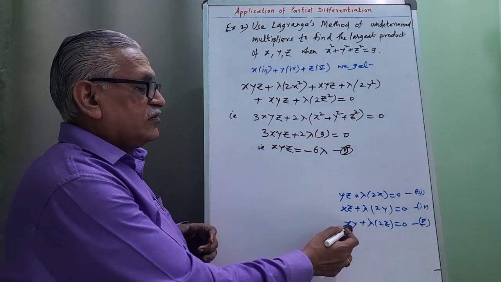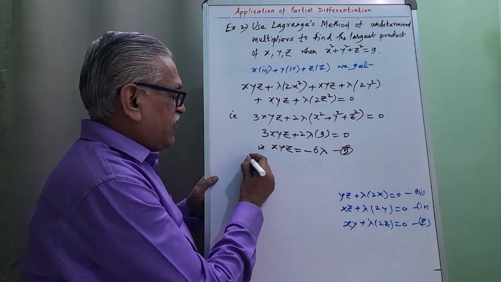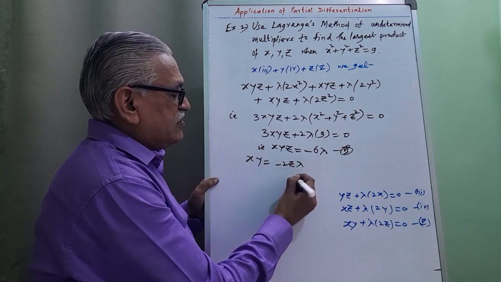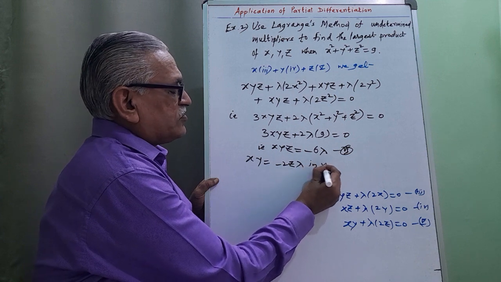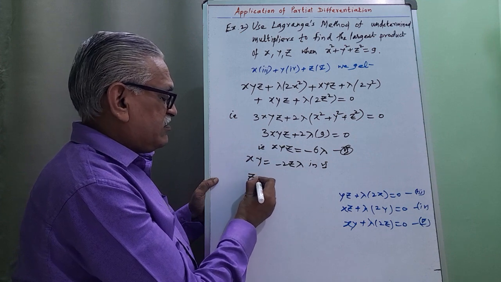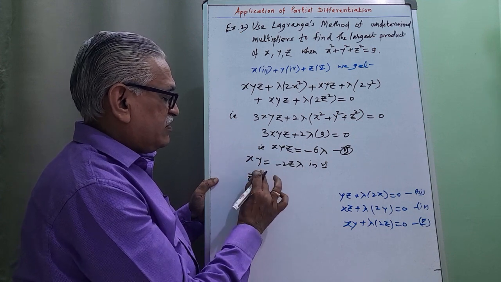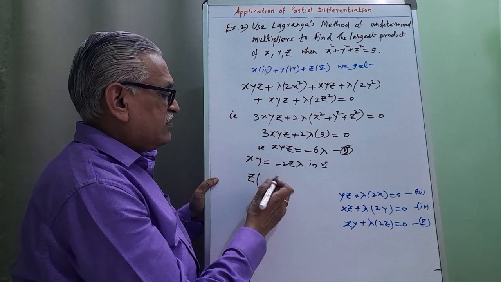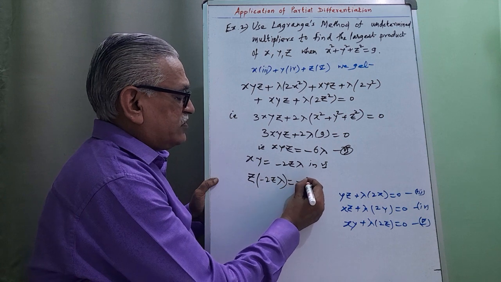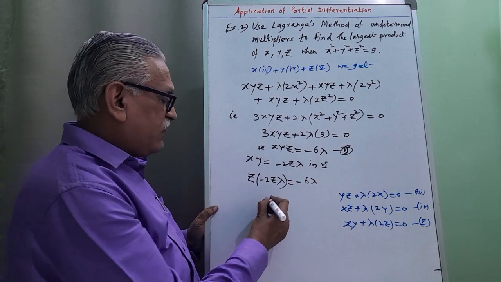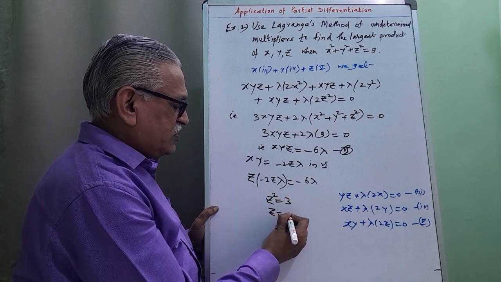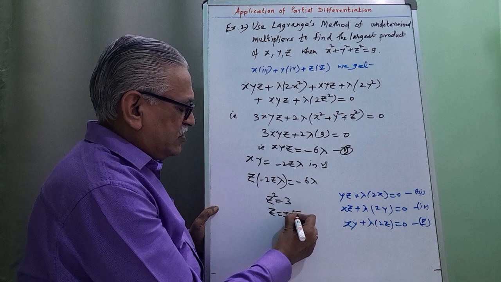Then from the fifth we get xy is equal to minus 2z lambda. Put it in the sixth, we get z multiplied by xy, xy is minus 2z lambda, equal to minus 6 lambda. Dividing by minus 2 lambda, we get z square is equal to 3, and therefore z is equal to plus minus root 3.